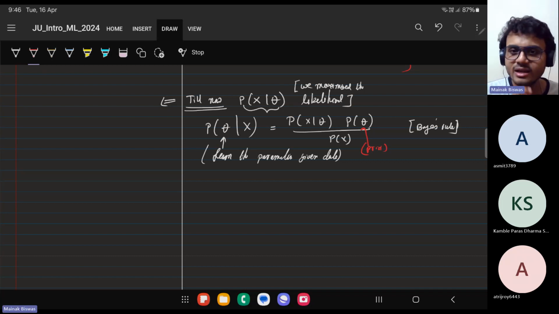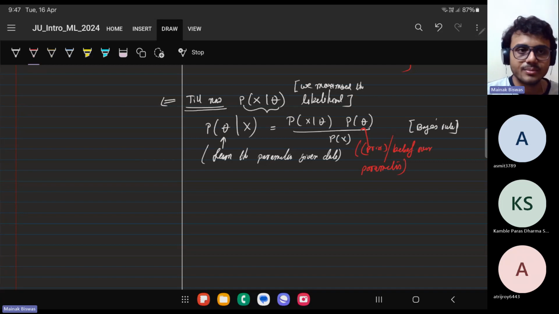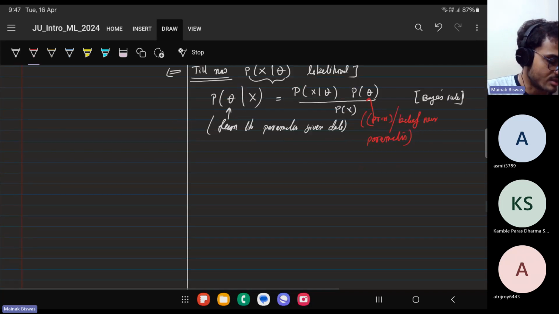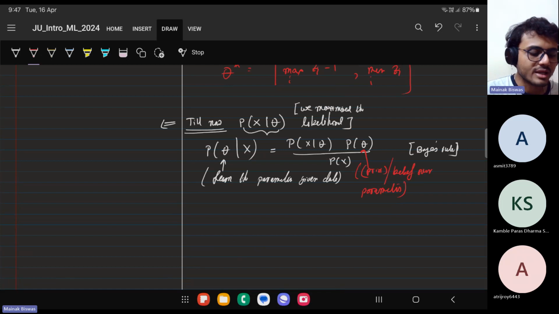So that prior is being incorporated here over the parameters, the prior or belief over parameters, right? It is the prior or the belief over the parameters that we are interested in. So now how will I infer it?